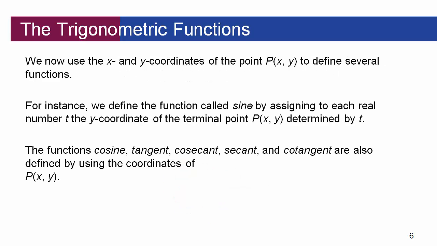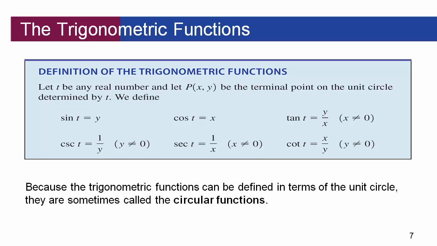So if we use the x and y coordinates of a point, we can define several functions. The sine function, for instance, we can use to define all of the y coordinates for a point. And then the cosine function will be the x distances, and then the rest of them will kind of build off of that.